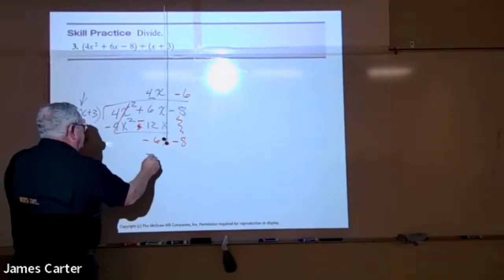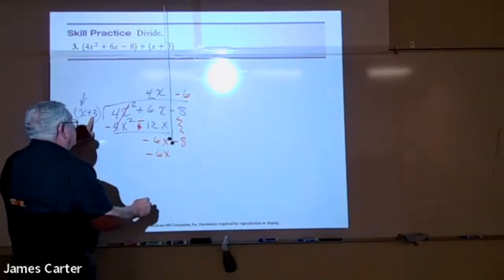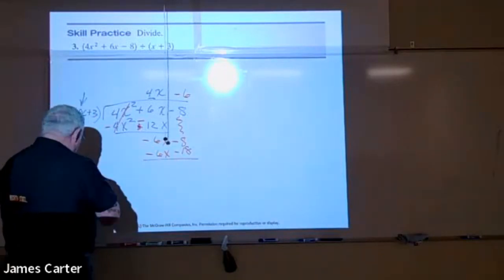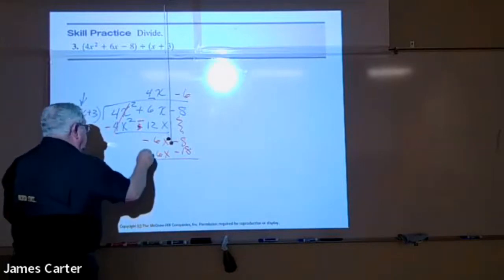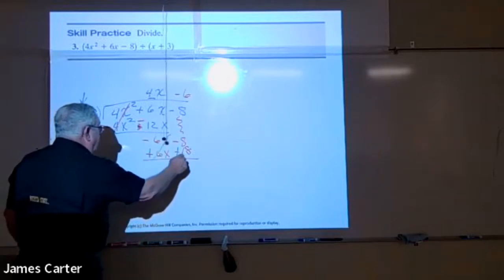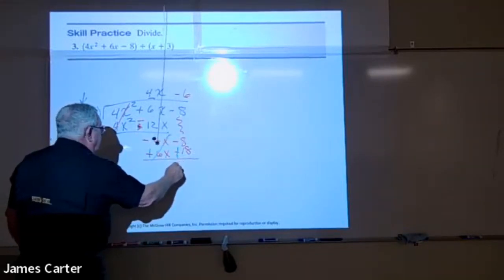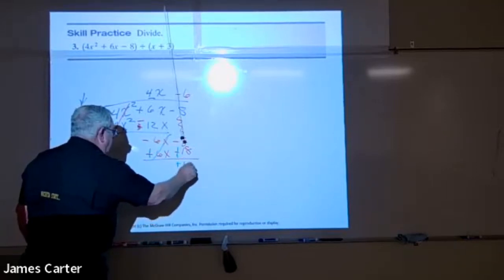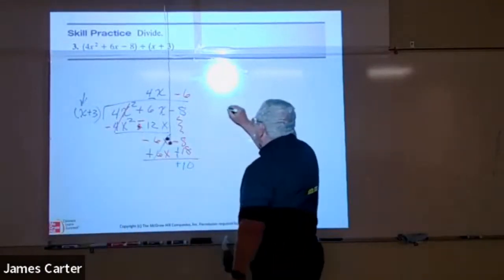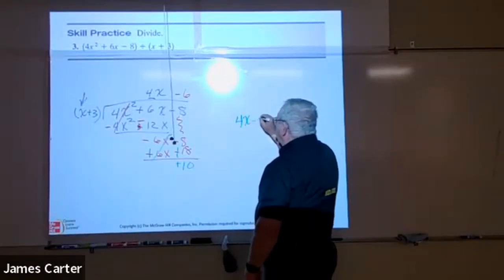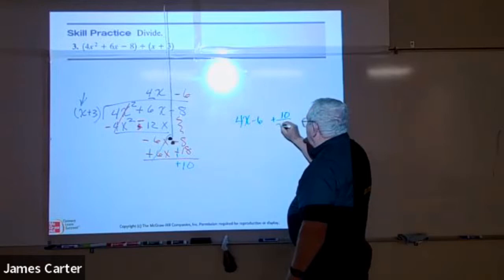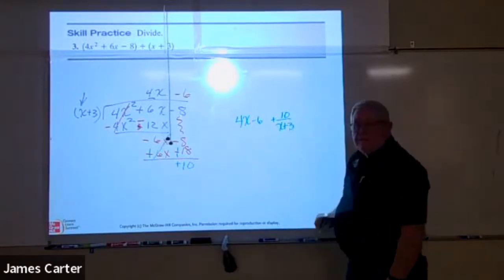Negative 6 times x is negative 6x. Negative 6 times 3 is negative 18. I subtract by changing both signs and adding. These two are opposites, they wipe out. And these two give me positive 10. Okay, so in this case, my answer is 4x minus 6 plus 10 over x plus 3.